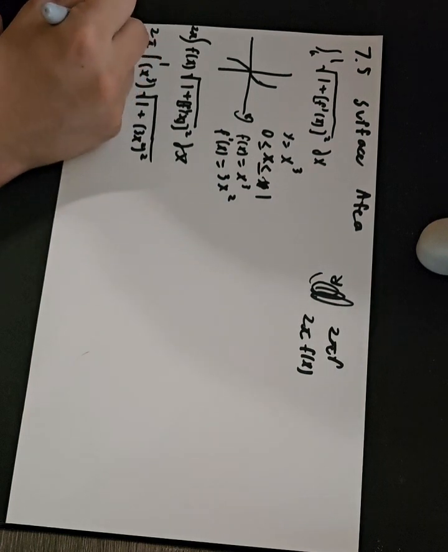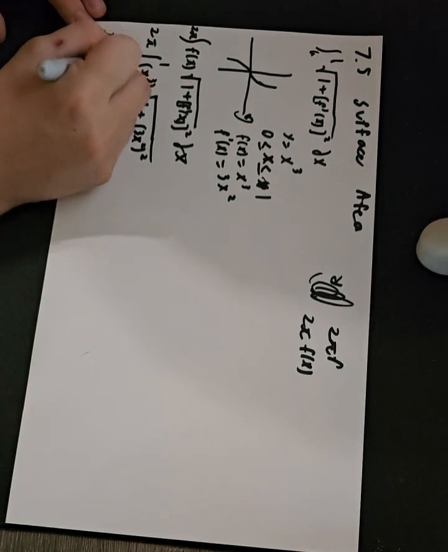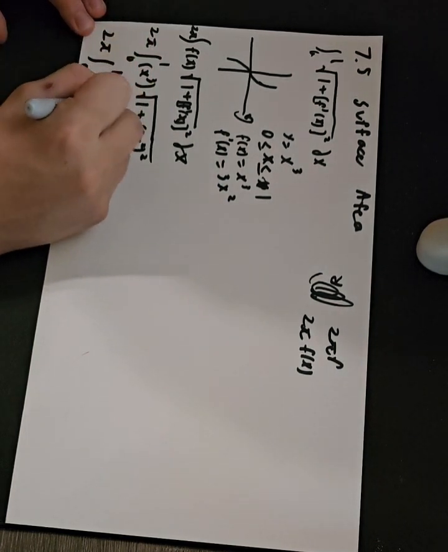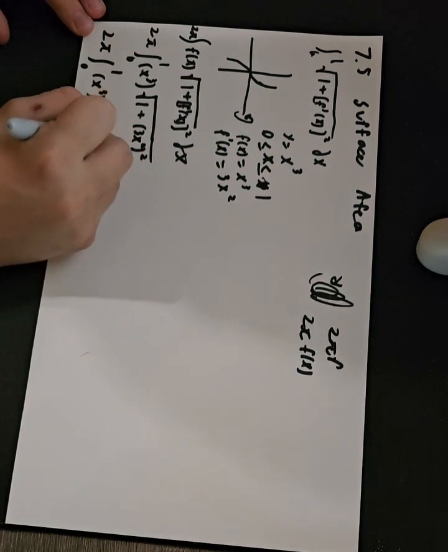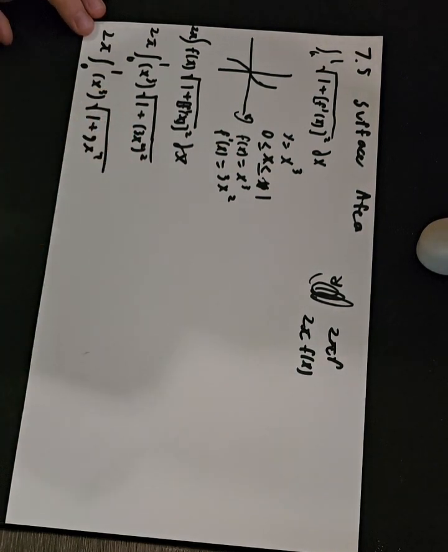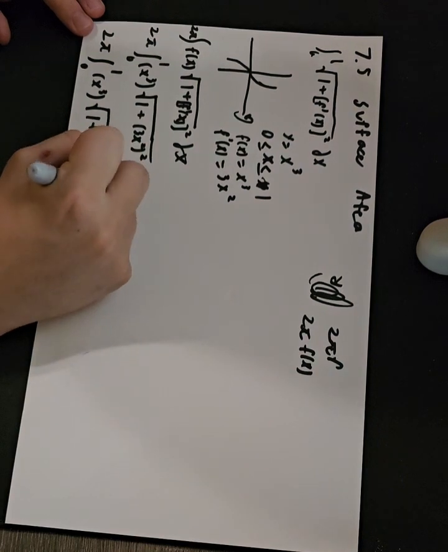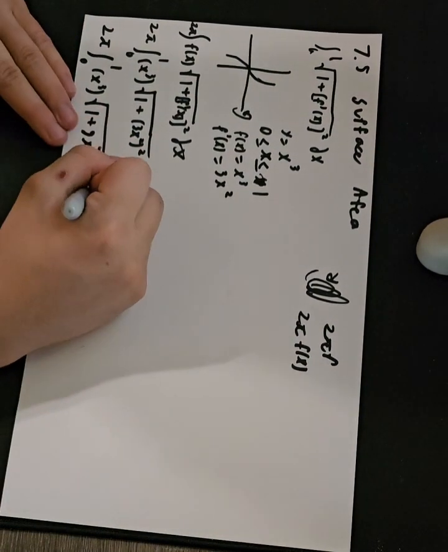We get 2 pi times the integral from 0 to 1 of x cubed times the root of 1 plus 9x to the fourth dx.